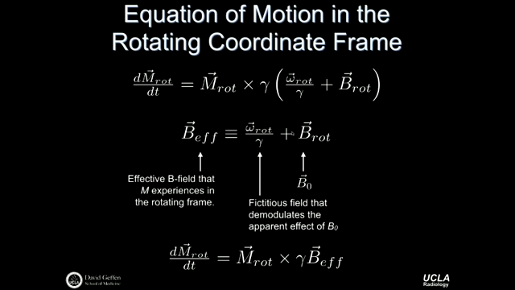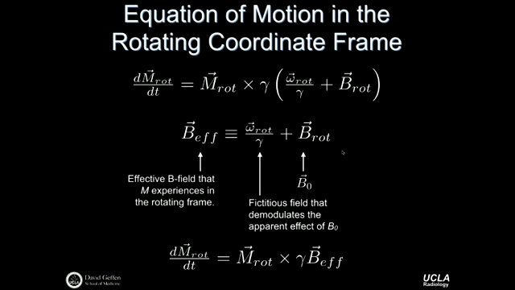The B rotational field may be as simple as just the B0 field, right? That would be the simplest case. If we want to describe the bulk magnetization dynamics in the presence of only B0, then this is going to reduce down to something very simple, which I'll show you in just a second.